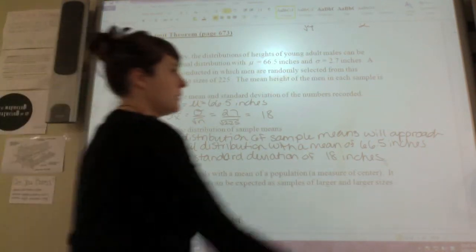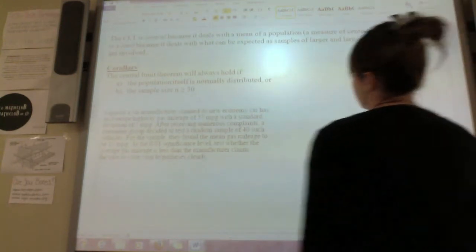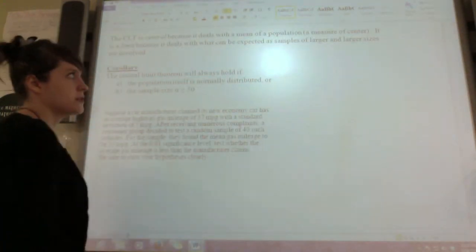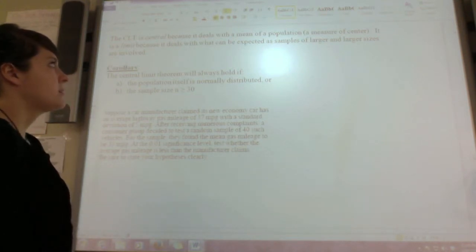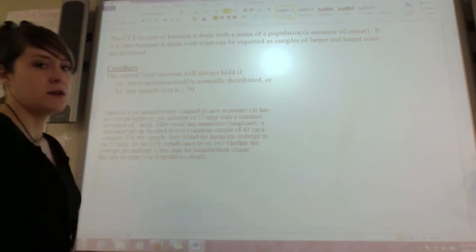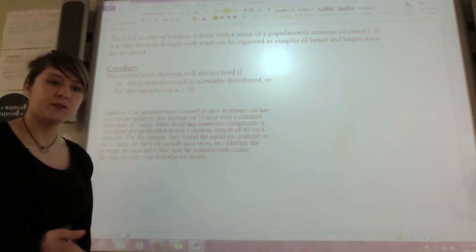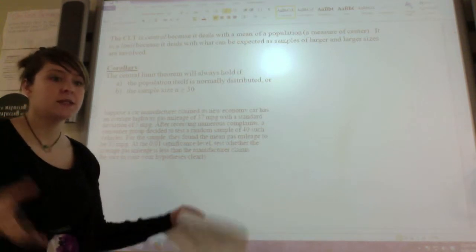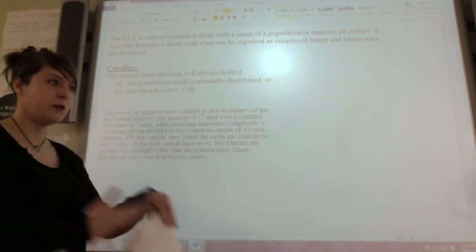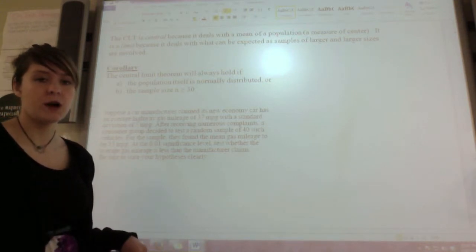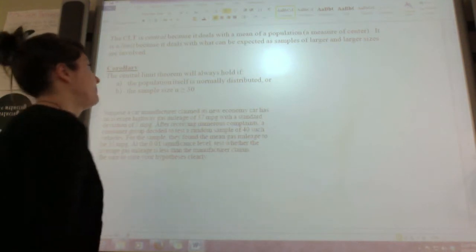Okay, then it says the CLT is central because it deals with the mean of a population, which is a measure of center. It is a limit because it deals with what can be expected as samples of larger and larger sizes are involved. So basically we're combining this idea of measures of center with limits to create this central limit theorem that tells us, as we approach a larger and larger number of trials, what's going to happen to our measures of center and our measures of spread.